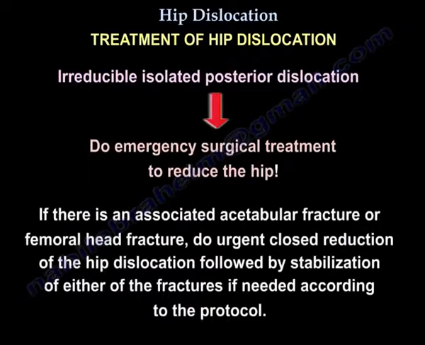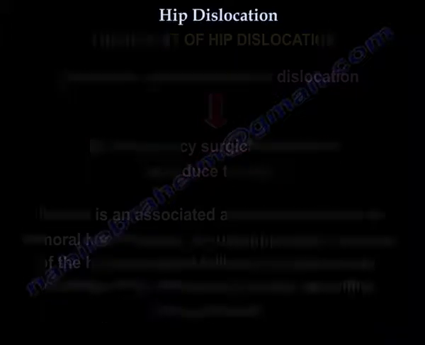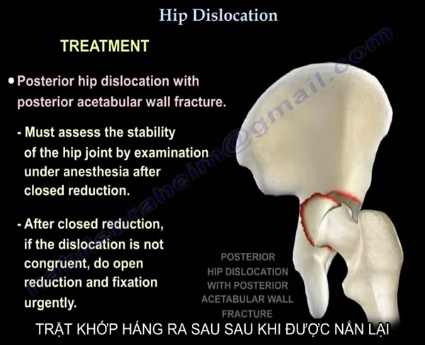If there is an associated acetabular or femoral head fracture, you will do urgent closed reduction of the hip dislocation, followed by stabilization of either of the fractures, if needed, according to the protocol. Posterior hip dislocation with posterior wall fracture.